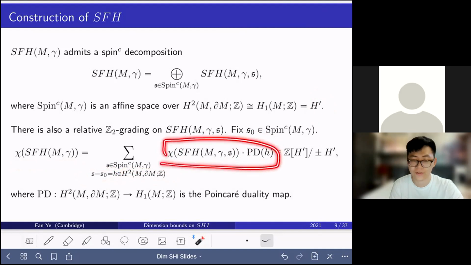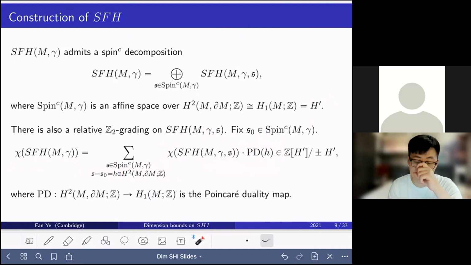If we sum all these elements, we get an element in the group ring of H'. Note that because the Spin^c structures form only an affine space over the homology group, we should take the quotient by some element in H', and also by plus and minus sign, because the Z2 grading is only relative.